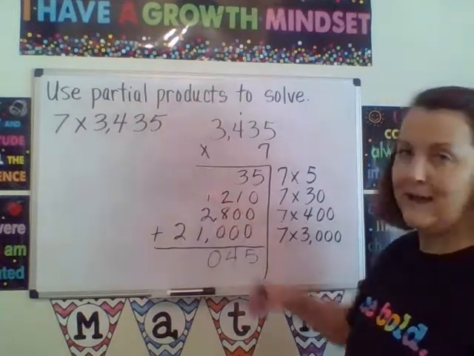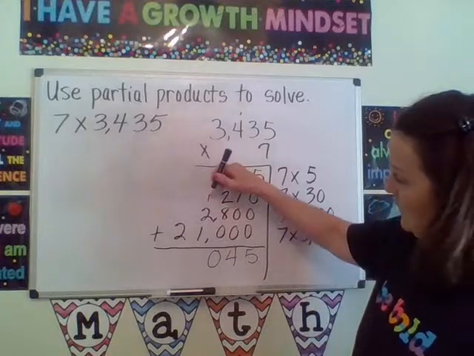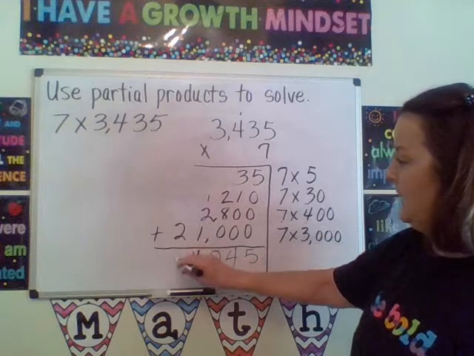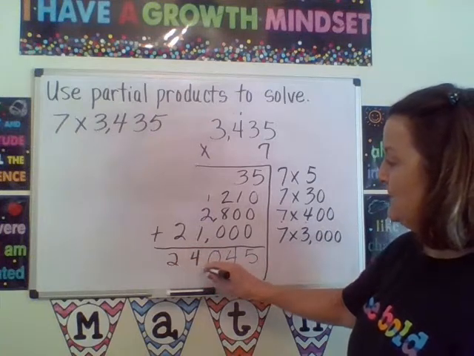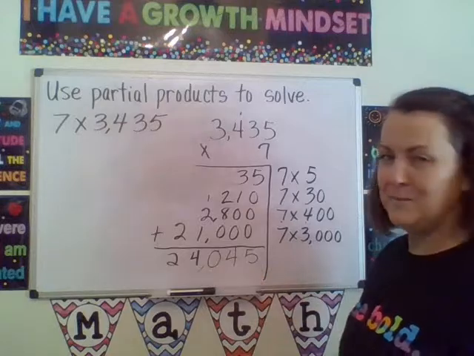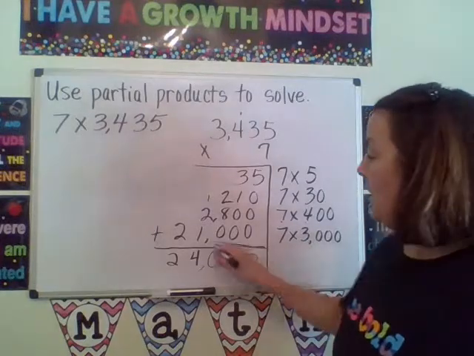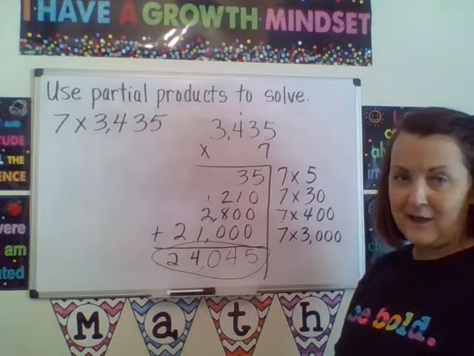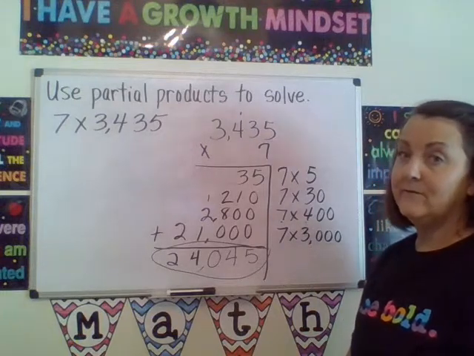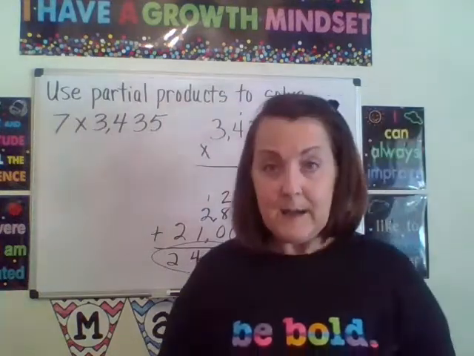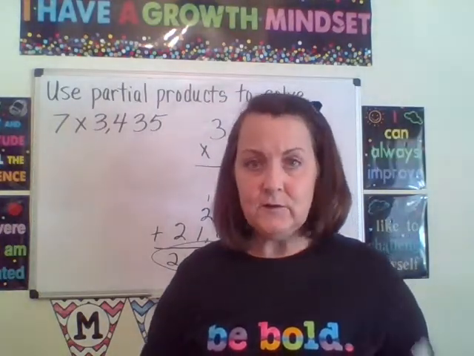So now we have 3 add-ins in the thousands place. 1,000, 3,000, 4,000. And then we bring down the 2 10,000s. And we're going to go 1, 2, 3, comma me. And our product is 24,045.